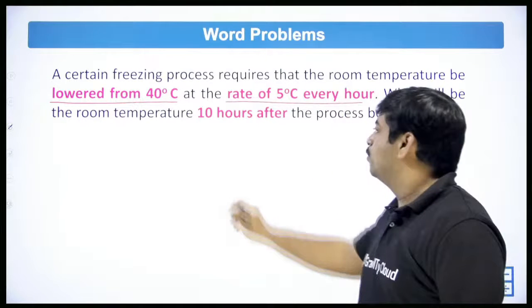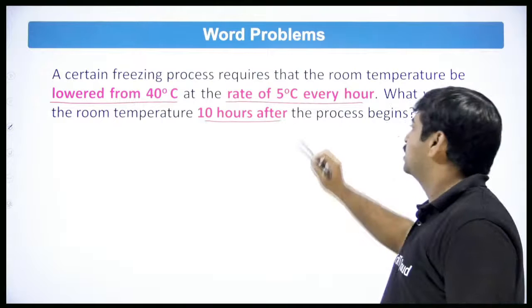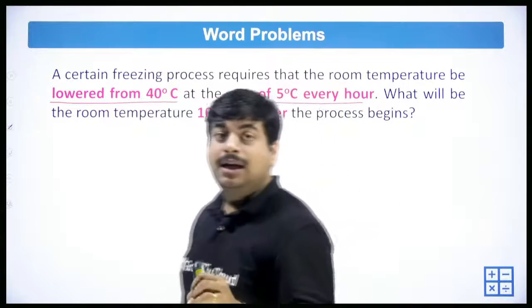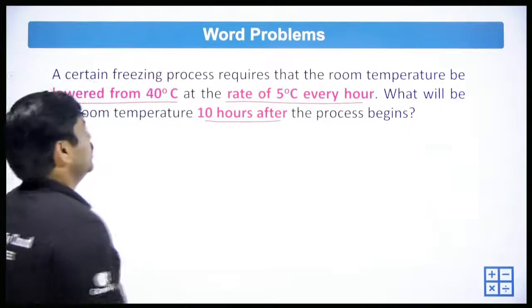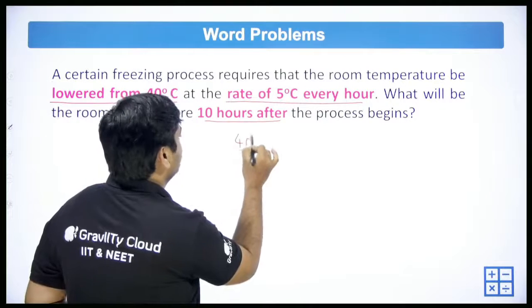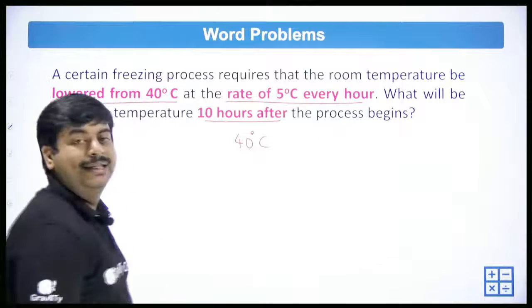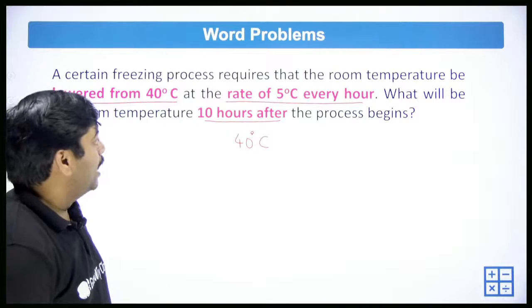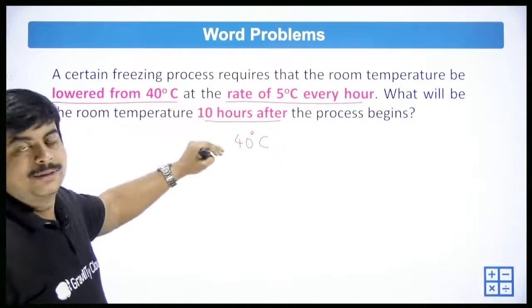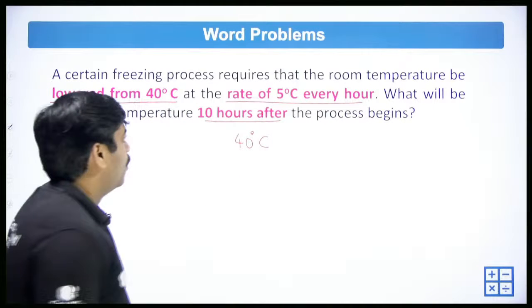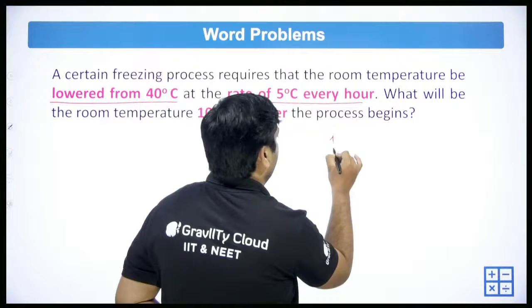What will be the room temperature 10 hours after the process begins? So 40 degrees Celsius is there. It is decreasing at the rate of 5 degrees every hour till 10 hours. For 1 hour, it is reducing by 5 degrees.